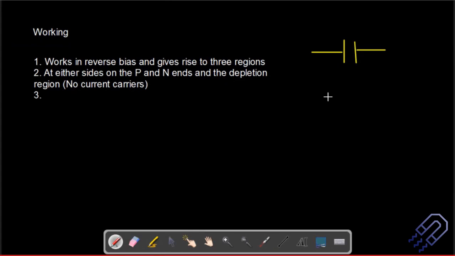In a capacitor, you basically know the relation is C is equal to epsilon naught A divided by D. So these regions will give you what is A, and then the distance between these two plates will give you D.